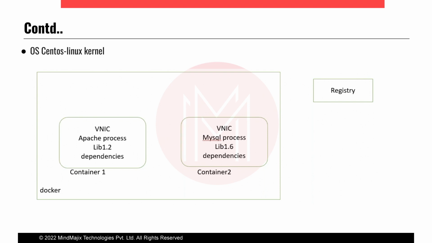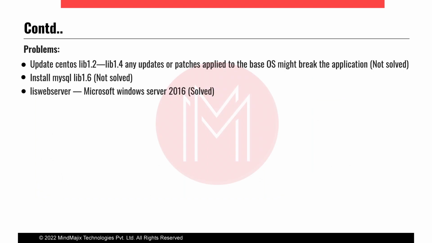Now let us discuss what problems we have faced before and how we are solving them here. If we update CentOS, library 1.2 gets upgraded to library 1.6 or 1.8, whatever it might be, it doesn't matter, because containers are completely isolated from each other as well as from the base OS. There is isolation between each container, and also isolation from your base OS.